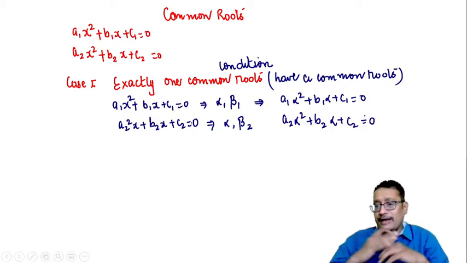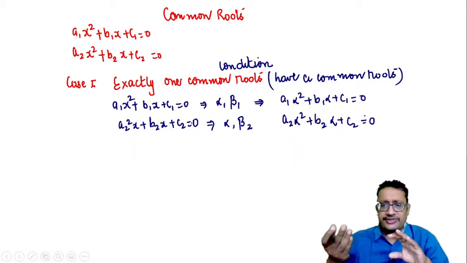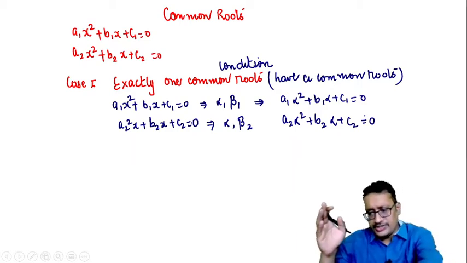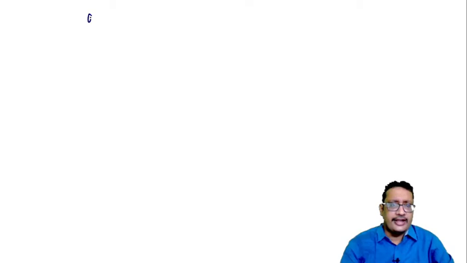And now we have to find alpha squared and alpha in terms of a1, b1 and c1. So let me remind you: two equations, a1x plus b1y plus c1 is equal to 0, and the second equation is a2x plus b2y plus c2 is equal to 0.